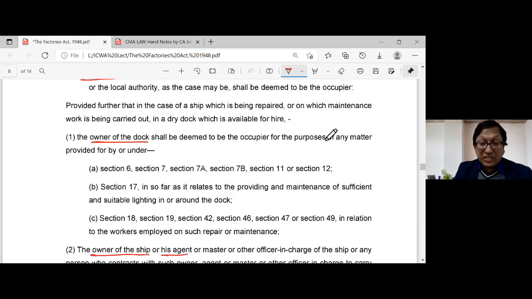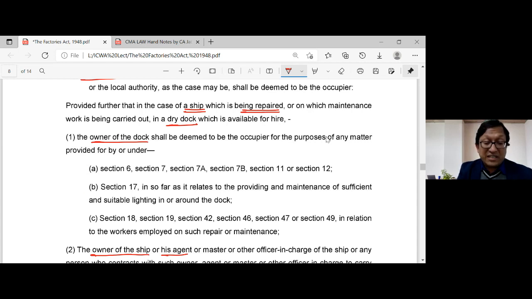The condition is that the ship is being repaired. Why is it being repaired? It is being repaired for maintenance, where maintenance work is going on in a dry dock. Then who is the occupier in this case?